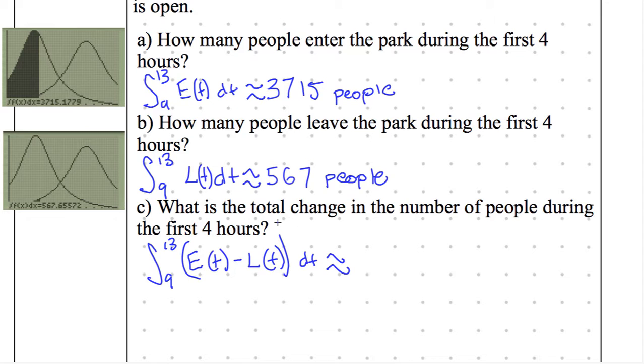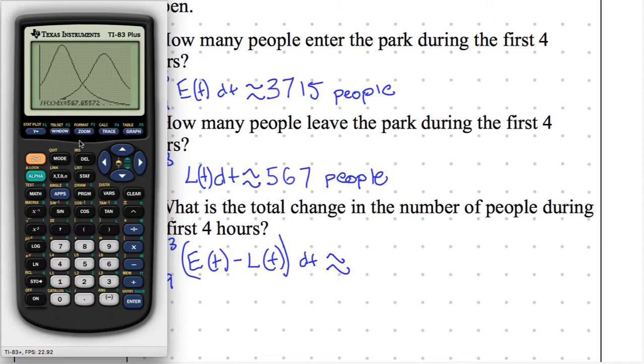All right, so what is our answer here? You can do it a few different ways. I can do the exact answer by doing this. I can do second enter, my y1 function between 9 and 14, and then subtract math 9 of y2.